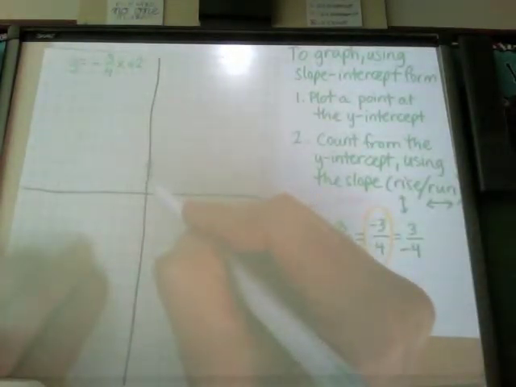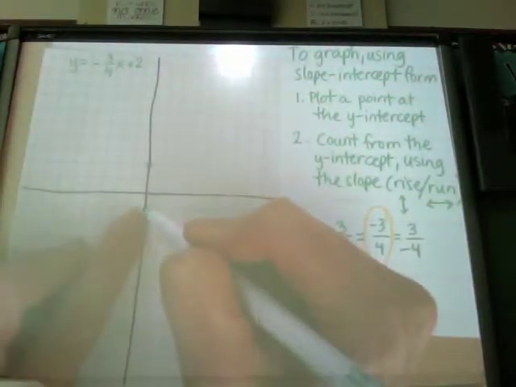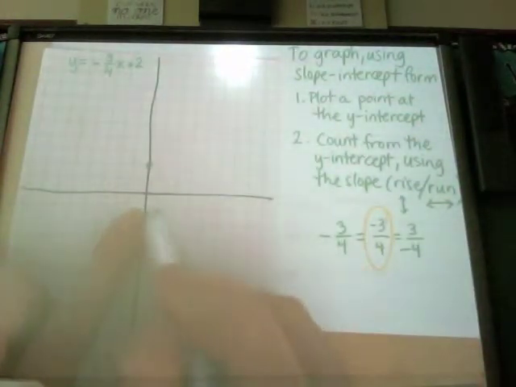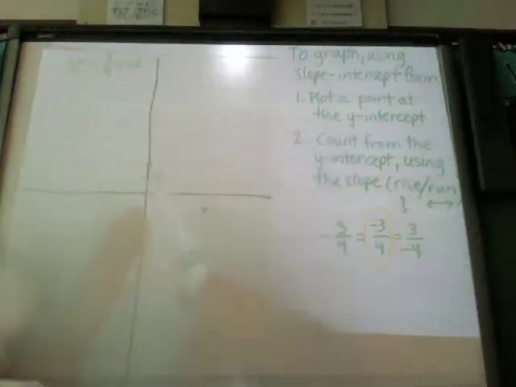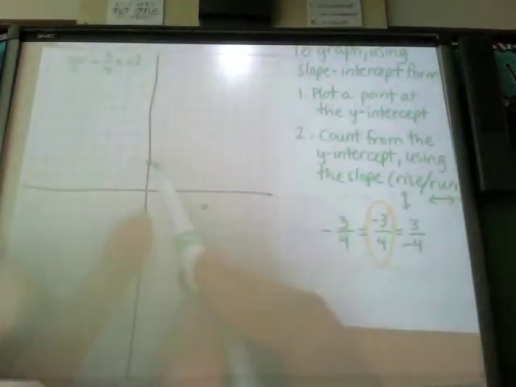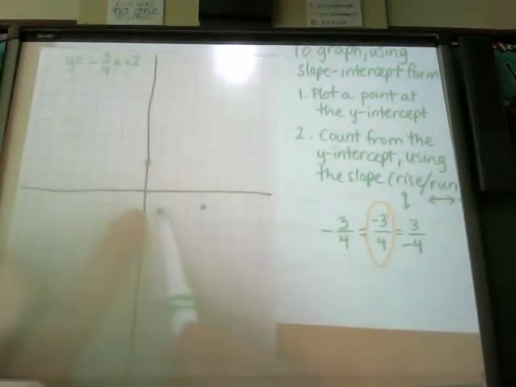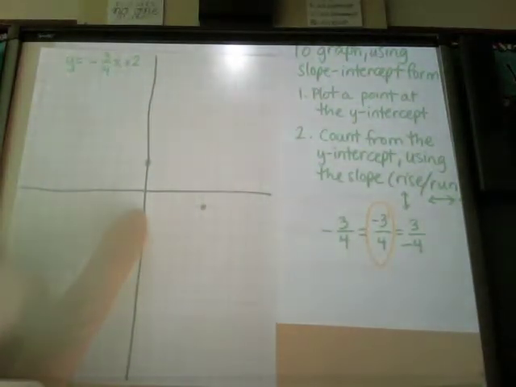Well, negative is down, 1, 2, 3. A run of positive 4, 1, 2, 3, 4. Again, from this point, I did a rise, top number, of negative 3, a run of positive 4.